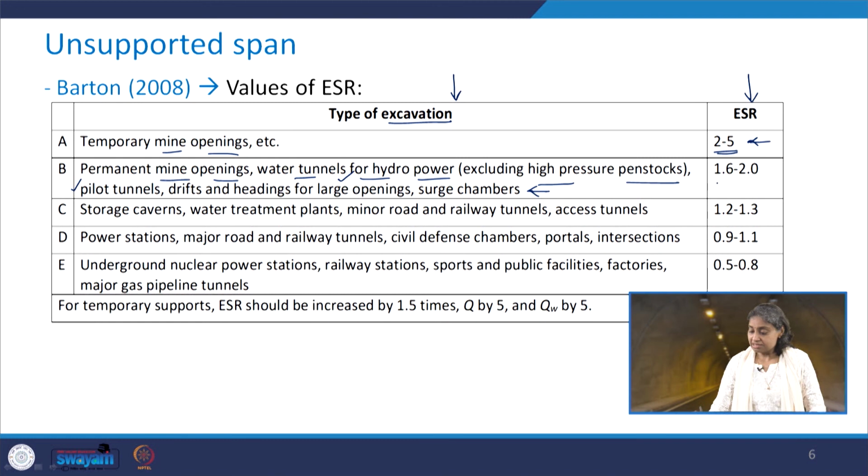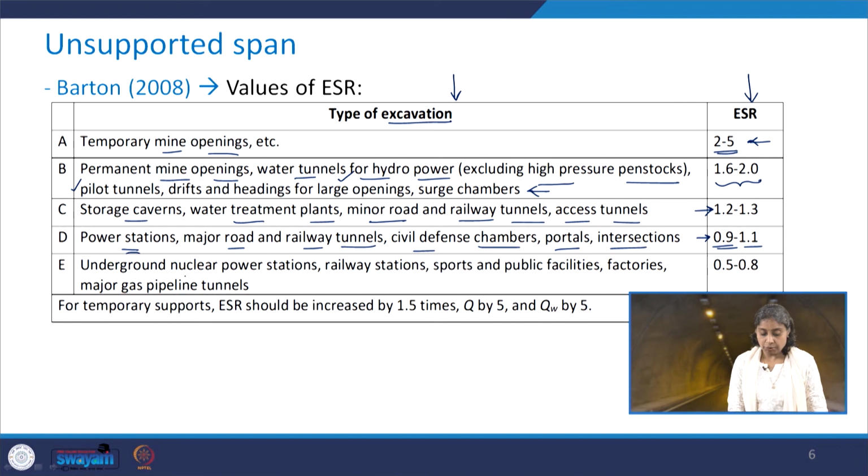then in that case ESR varies between 1.6 to 2. For the storage caverns, water treatment plants, minor road and railway tunnels or access tunnels, we need to adopt ESR between 1.2 to 1.3. In case the excavation is done for the purpose of power stations, major road and railway tunnels, civil defense chambers, portals or intersections, in that case ESR further reduces and it varies between 0.9 and 1.1.